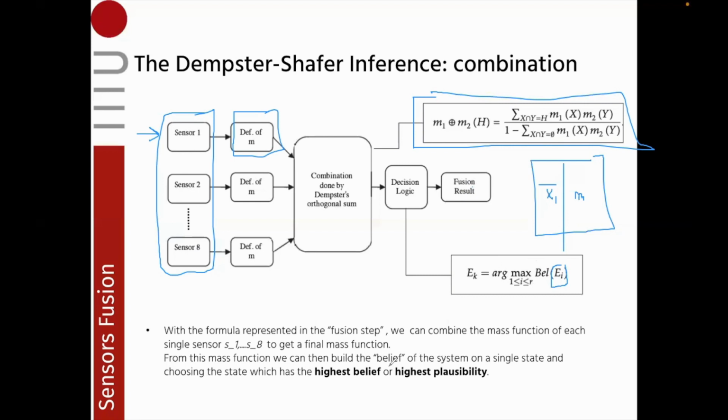We could choose a highest belief criterion or a highest plausibility criterion, or we can provide a combination of the two. This is not something that the theory covers, it's something beyond the theory itself. The main point is that we have some belief functions that can be maximized, and the state is, of course, the output of this logic block.